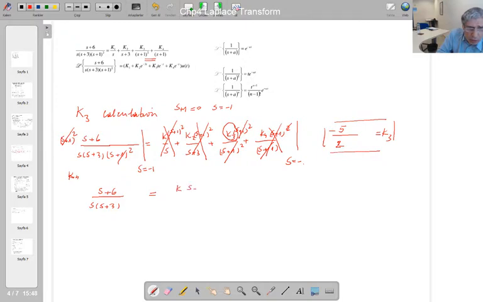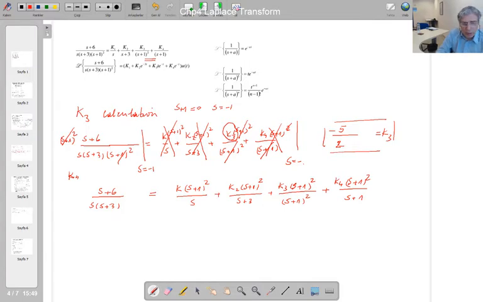K1 (s plus 1) squared over s, plus K2 (s plus 1) squared over (s plus 3), plus K3 (s plus 1) squared over (s plus 1) squared, plus K4 (s plus 1) squared over (s plus 1). Now look here.